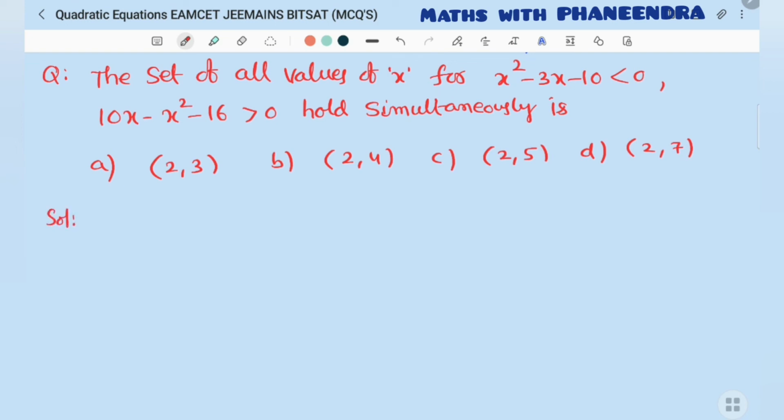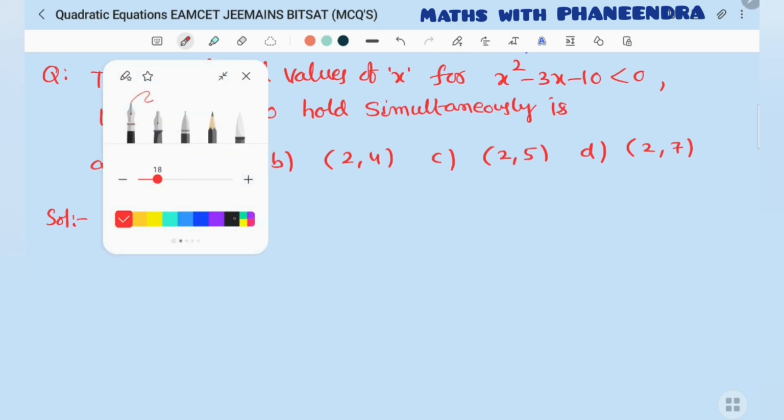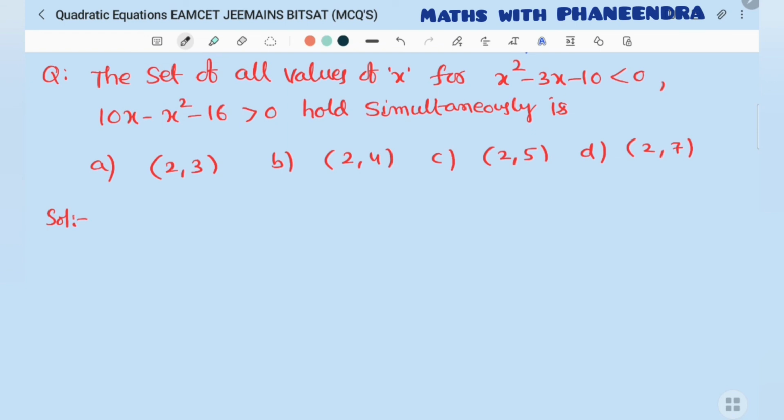So simultaneously it holds for which interval? That means the common domain of these two inequalities is the required answer. Holding means common. See here, first the quadratic inequality x square minus 3x minus 10 is less than 0. So for 10 we need to factorize: x square minus 5x plus 2x minus 10 is less than 0.